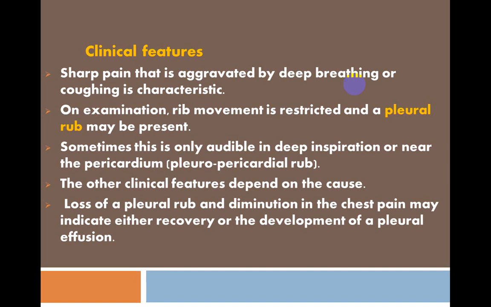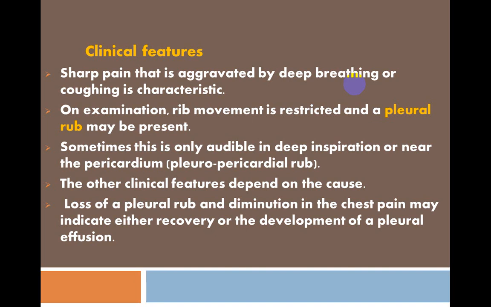The other clinical features depend on the underlying cause. I mean clinical features of pneumonia, for example, infection, clinical features of pulmonary embolism, infarction, clinical features of malignant disease involving the pleura. So, when you examine the patient with pleurisy and there is loss of pleural rub, what does that mean?